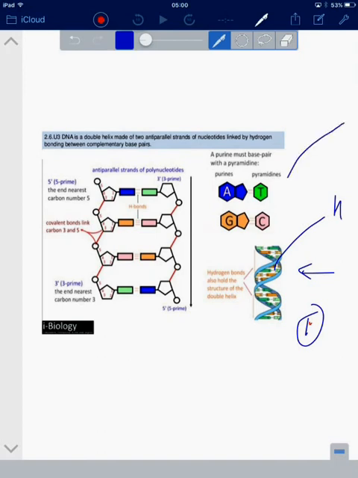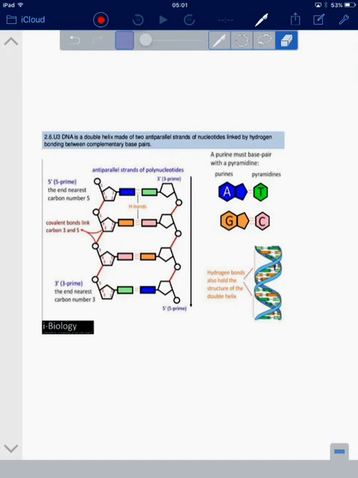If we go into a little more detail, we should know now that purines bond to pyrimidines, so that's A, T, and G, C, and that A and T have two hydrogen bonds, and G and C have three hydrogen bonds. And so we have, hopefully, that information safe and sound.